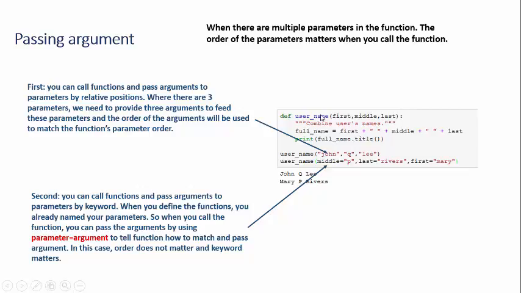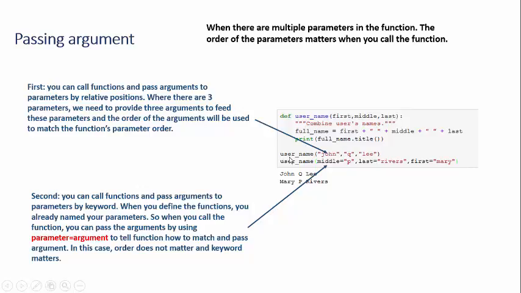There are 2 different ways you can pass arguments to the function. The first one is by matching the position. When you define the parameters first, middle, and last, their positions are the first, second, and third. When you provide 3 arguments to the function, they are matched by position.